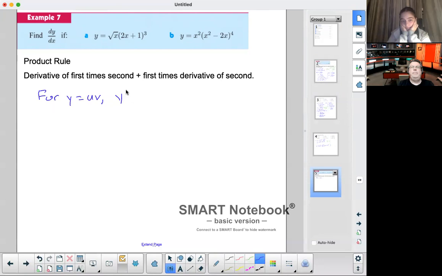Y prime equals the derivative of u multiplied by the function v plus the function u multiplied by the derivative of v. So you just do the combinations. And since it's addition, you could do the derivative of the second times the first if you wanted. It doesn't matter. Okay.